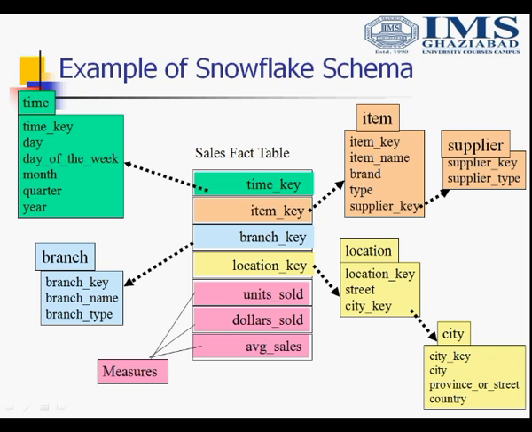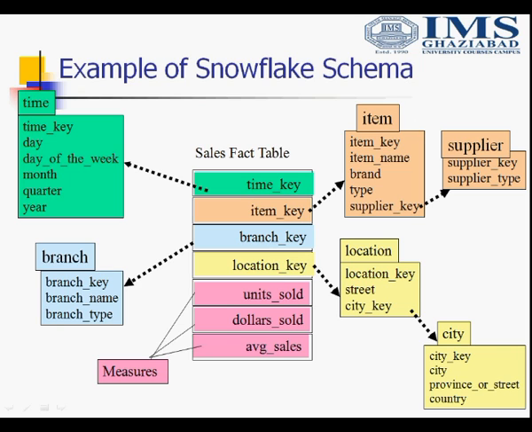We can see the difference between star and snowflake via this diagram, where again there is one fact table of sales and different dimension tables attached, like item, location, branch, and time. But the difference is that the location dimension table is further normalized into a city dimension table, which stores the details about the city and country.